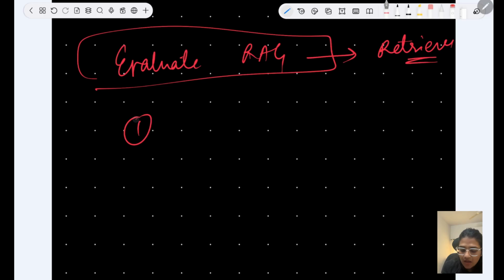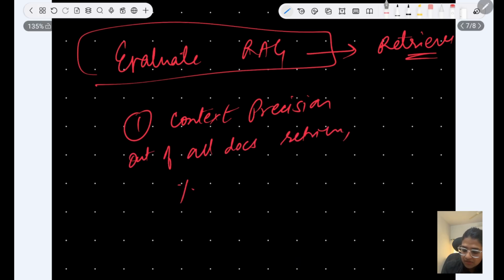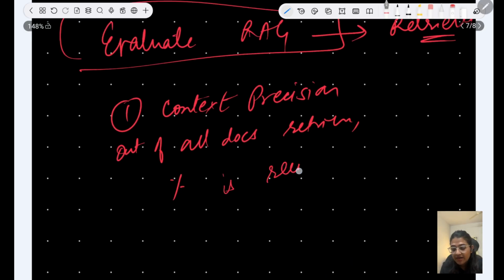Two metrics are used here: context precision. Context precision means that out of all documents retrieved, what percentage is relevant to our query?